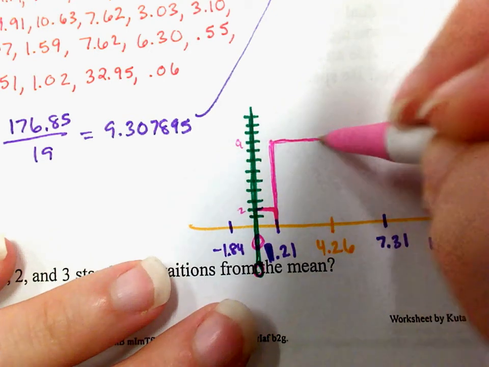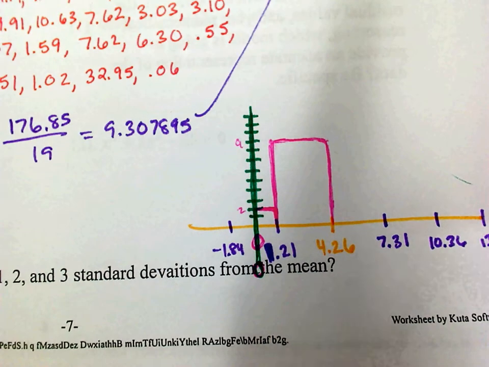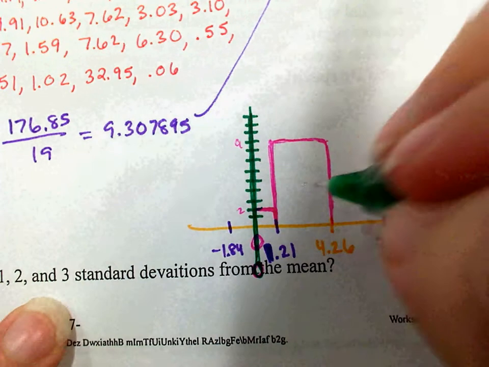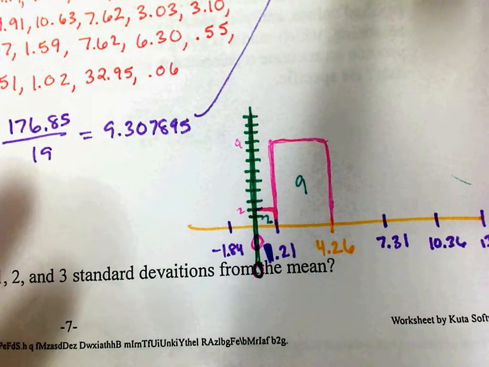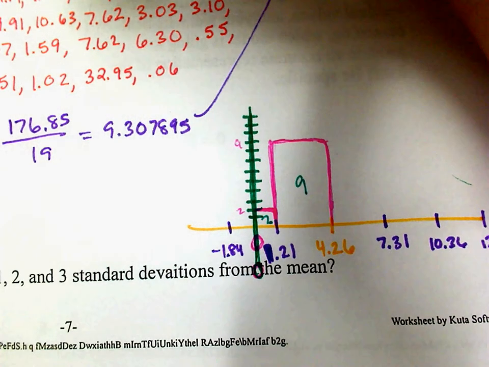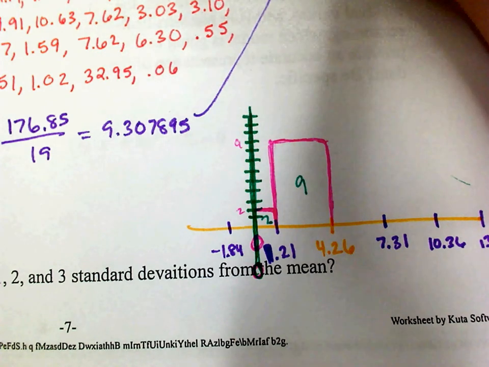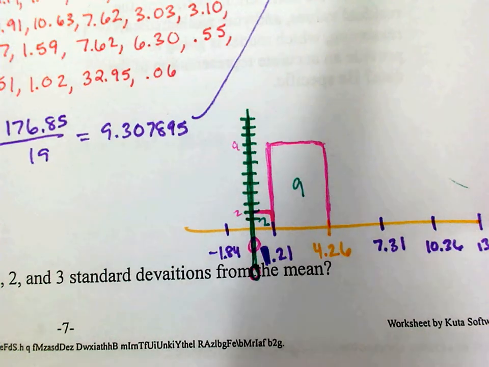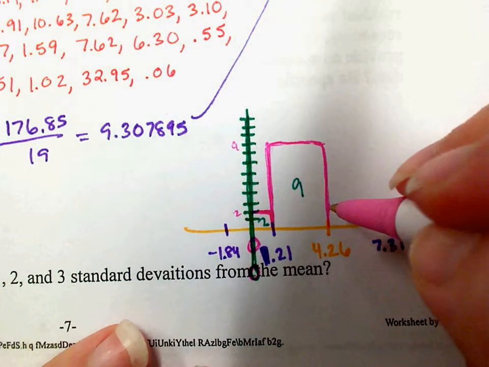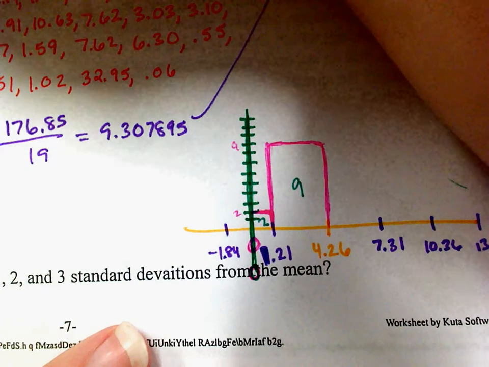What about 4.26 and 7.31? I'm going to write that in there. 9, 2, okay. 4.26 and 7.31. So 1, 2, 3. Just 3? So we're looking at 4.5, 6, 7. Is that it?